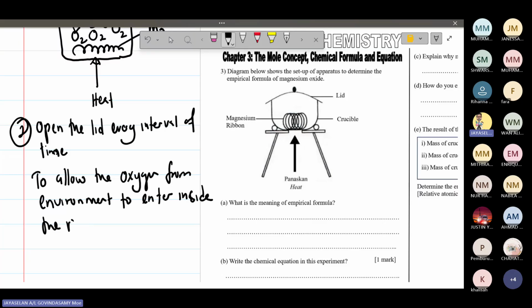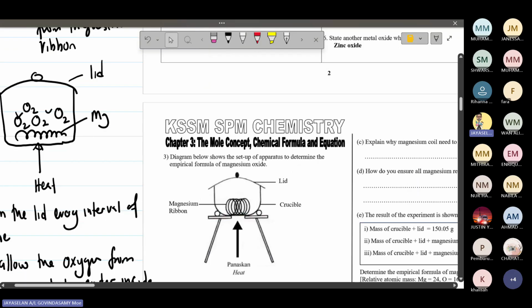Dia masuk ke dalam mangkuk pijar. Crucible to react with what? To react with magnesium ribbon. So you already score 1 mark. To allow the oxygen from the environment to enter inside the crucible and react with magnesium ribbon, you take 1 mark.